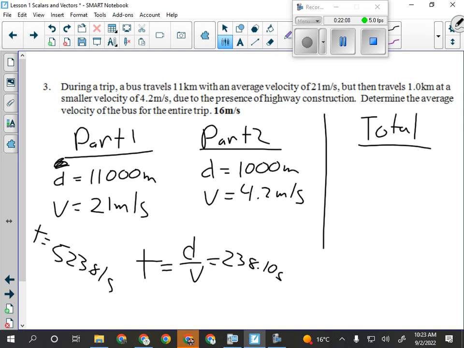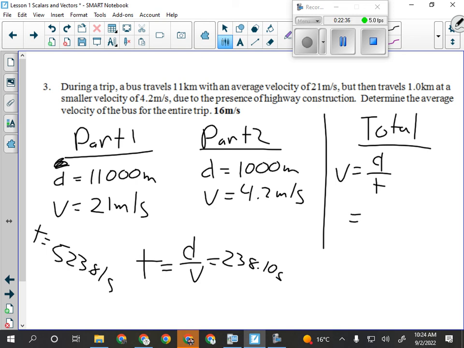Now, what I'm doing on the board is not the same thing I'm doing in my calculator in terms of this rounding thing that I just did here. Whenever we're doing mathematical operations in physics, we keep all the decimals. I'm just too lazy to write them all down on the board every time I do a calculation because it's self-defeating. Now that I've got the times for both sections, I can go to average speed equals total distance over total time.